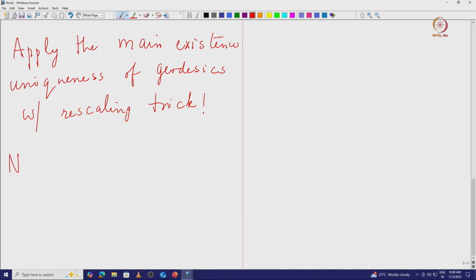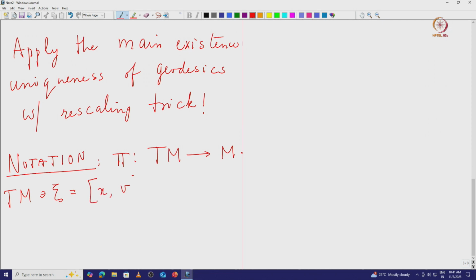So before that, let me introduce certain notation. I will denote the usual projection map from the tangent bundle to M by pi, and any element of the tangent bundle I will denote as psi, and my notation will be psi as x comma v, where x is some point in M and v is a tangent vector at x.